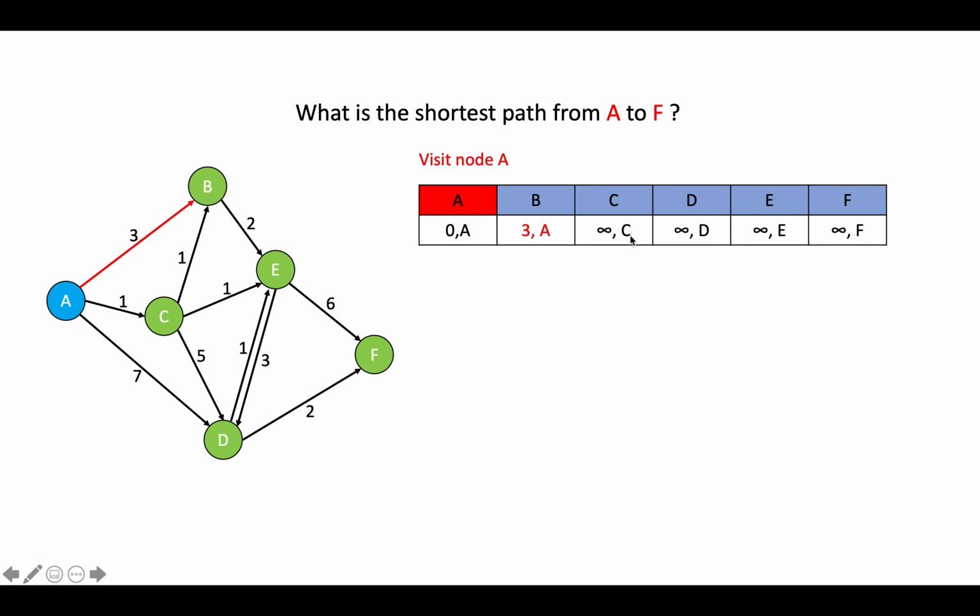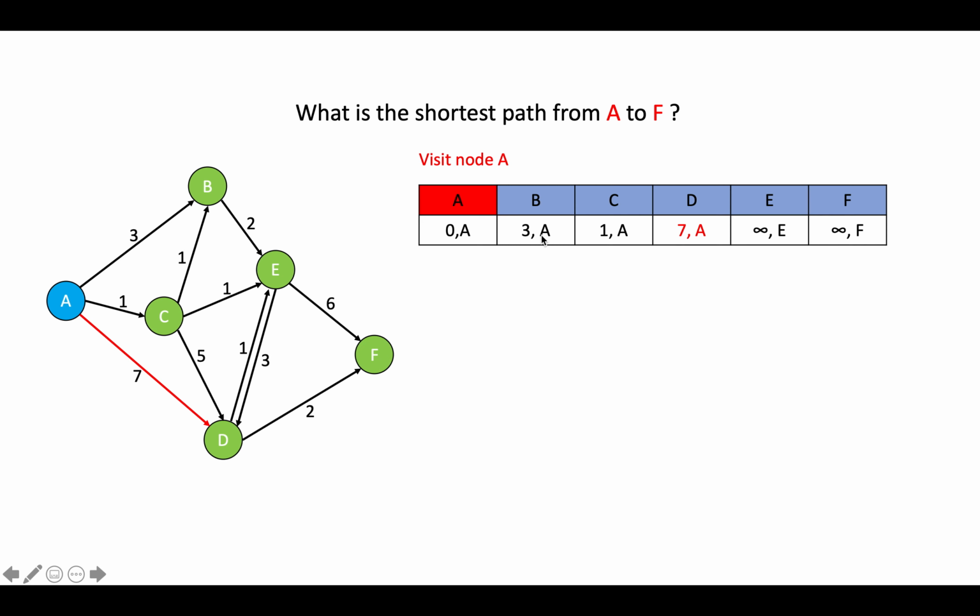If we can go from A to C with length 1, we can use it to update the information for node C. So for node C, we update it like this. Similarly, we can update node D using the new information, because we have an edge of length 7. So we update the data for node D.